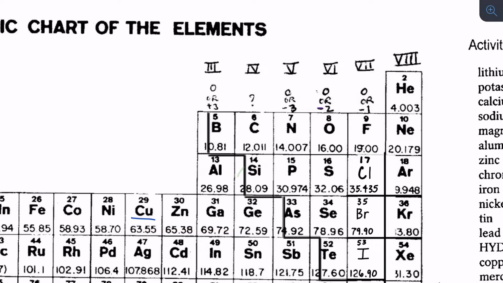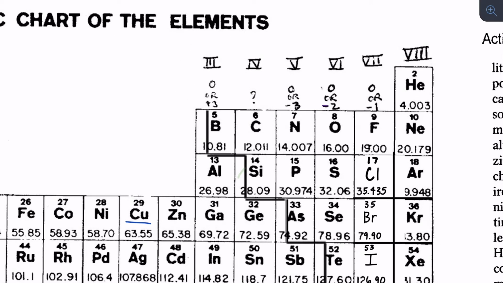To figure out how many people are sitting around the table, we'll need to know what's called the valence electrons. That's how many electrons are on the outer ring of an atom. The electrons on the outer ring of an atom are the ones that will form bonds with other atoms. So if we look at oxygen, we can figure out the valence electrons by looking at the Roman numeral of the column.